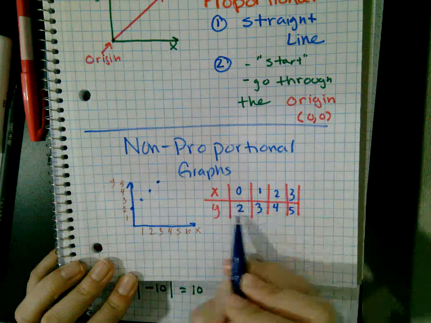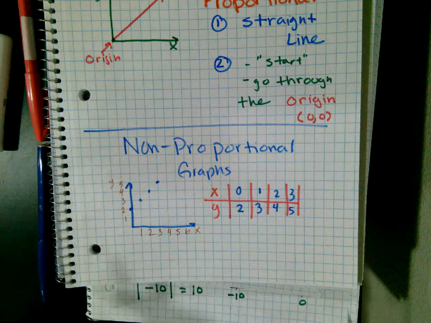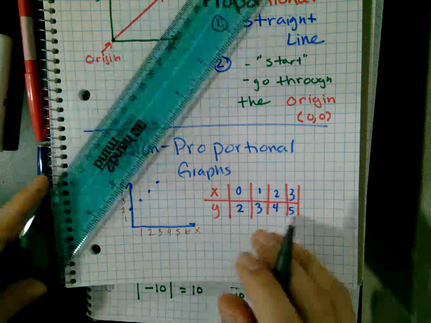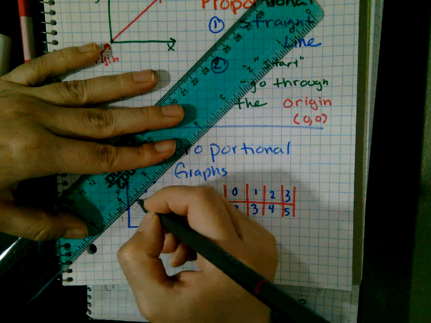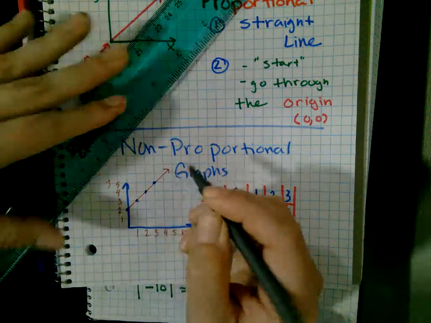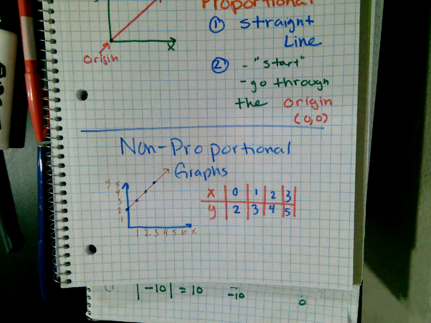Okay, so these points I graphed on my coordinate plane. I'm going to take my ruler and draw a straight line if I can. All right.